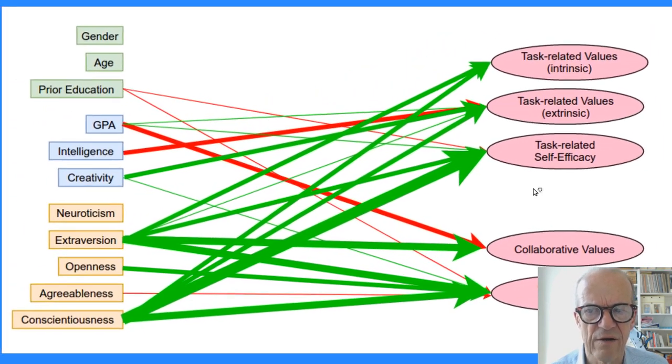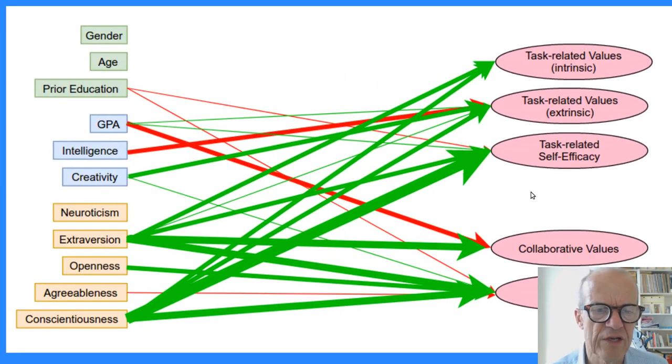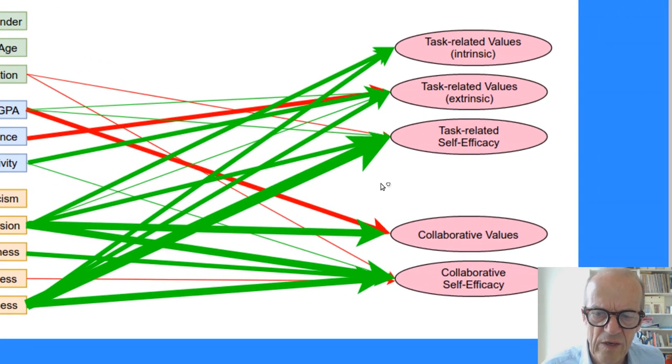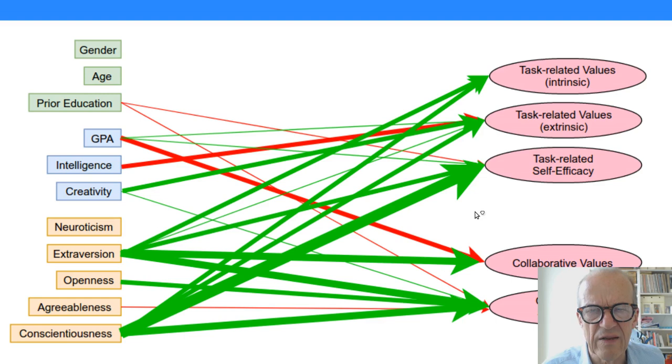So the higher the grade point average and the higher the intelligence, the lower the extrinsic value of the task was rated, and also the lower collaboration was rated. So that is a bit in agreement with our hypotheses that indeed better performing students do have a slightly negative motivation to collaborate.